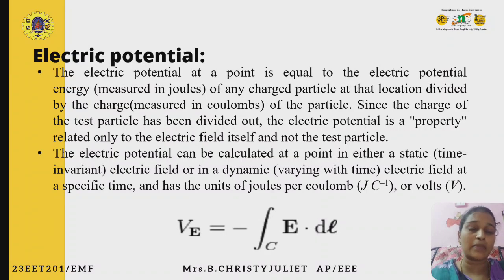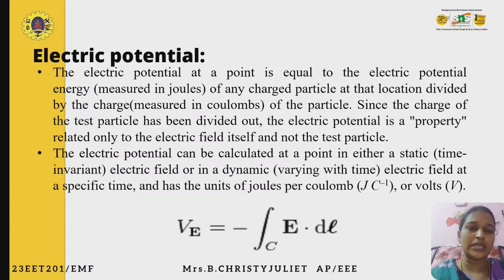So we can mathematically represent it as V is equal to minus integral E dL, because electric field intensity flows in one direction, but electric potential is something that we apply externally, so it always travels opposite to the electric field.